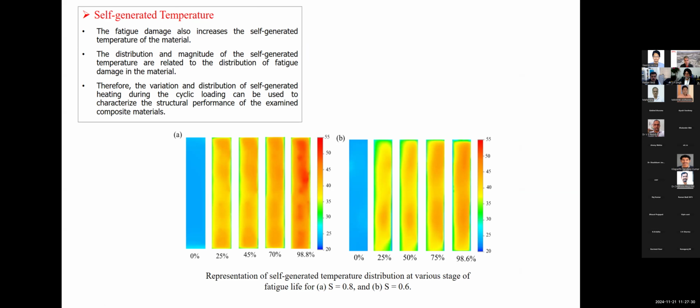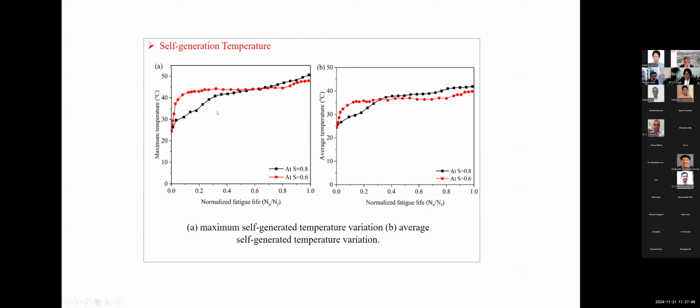The maximum surface temperature observed was around 45 degrees, or nearly, not always less than 50 degrees. At higher stress levels, obviously the temperature rise is too high, and at lower stress levels, the temperature rise is not that high. Approximately 45 to 48 degrees is the temperature rise observed at the surface of the specimen.